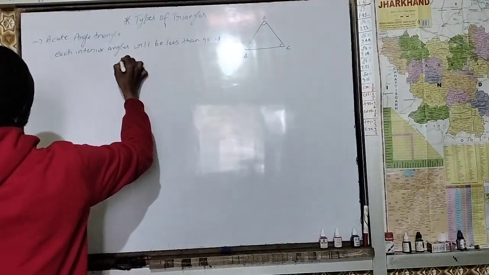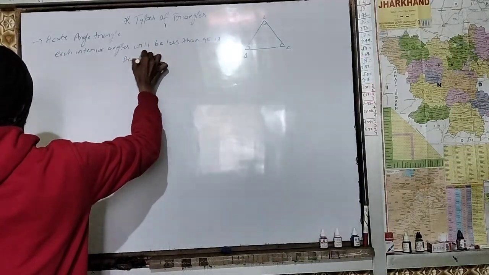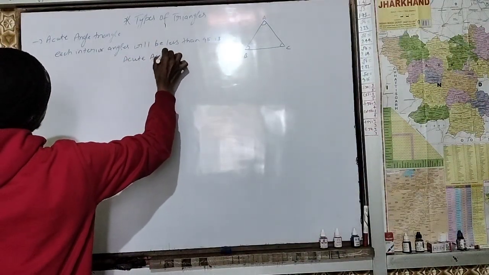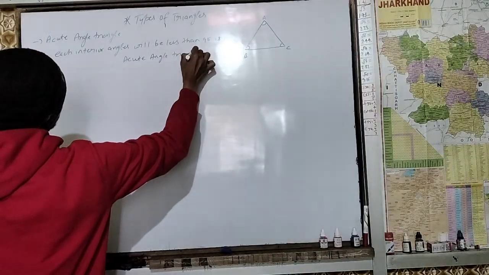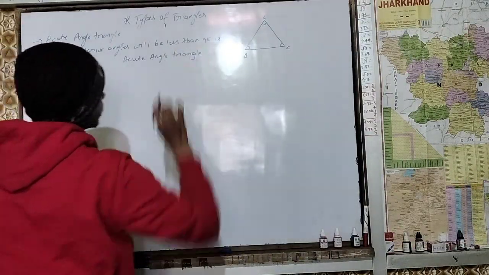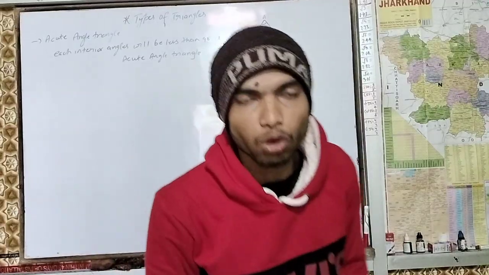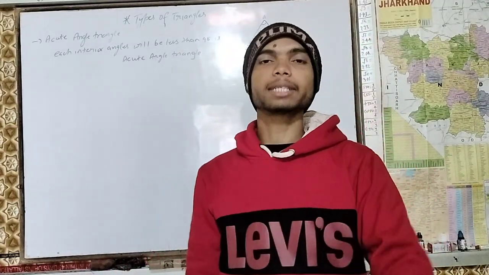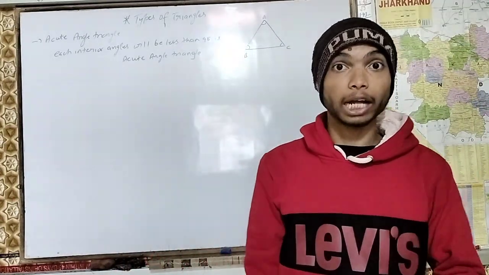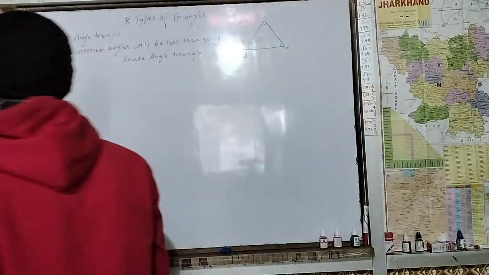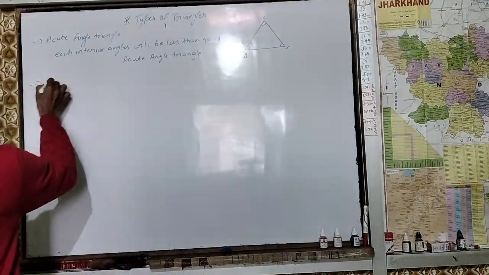That is our acute angle triangle. Okay, if each angle of a triangle is less than 90 degree, it will be our acute angle triangle.